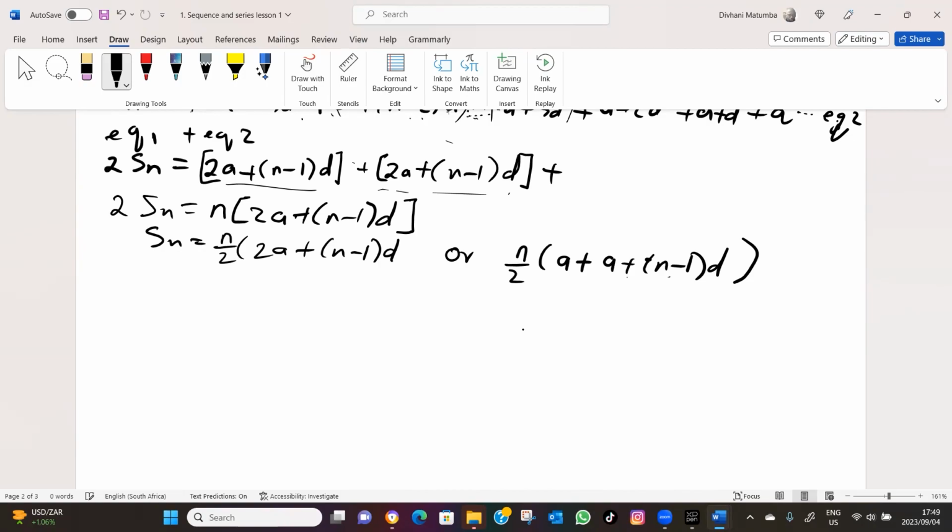I think this rings a bell. This is the nth term. So it can also be written as n over 2 into a plus the nth term, or the last term.